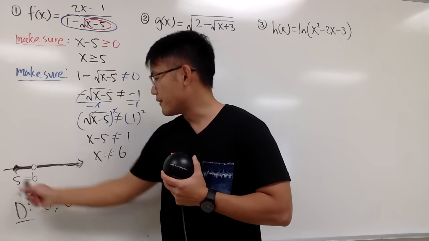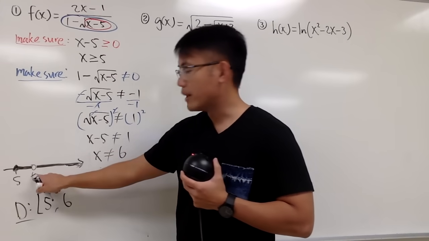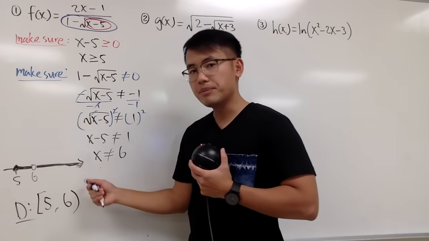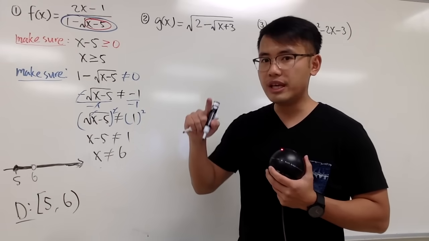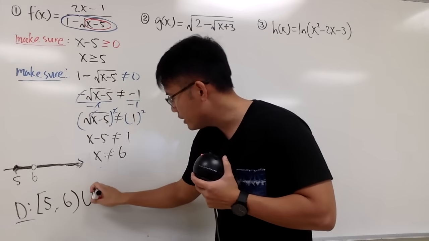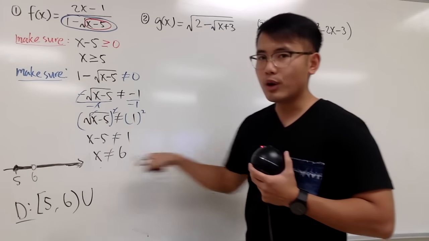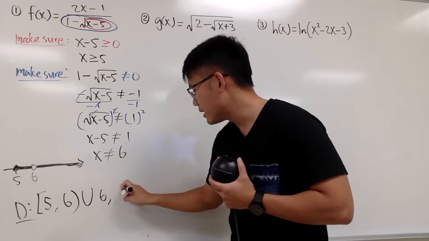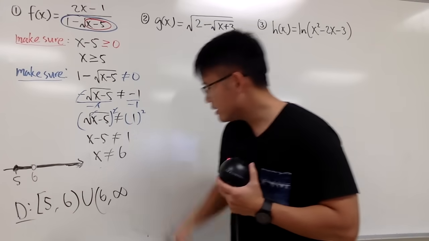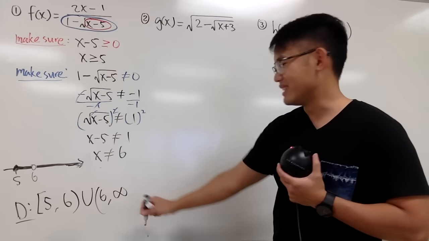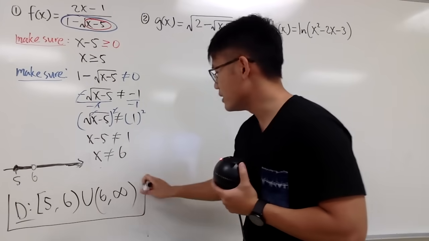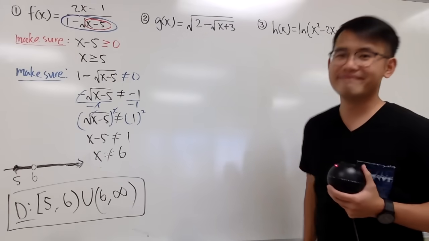Here, we're including the 5, so let's put on a bracket, but we are not including the 6, so let's put on parentheses. And then here's the second piece. We are going to use union. We don't use the word or in interval notation. All right, so let's put on union 6 and all the way to the right. So it's 6, infinity. We are not including the 6, so parentheses. We can never include infinity, so parentheses. And this right here is the domain for the first function.